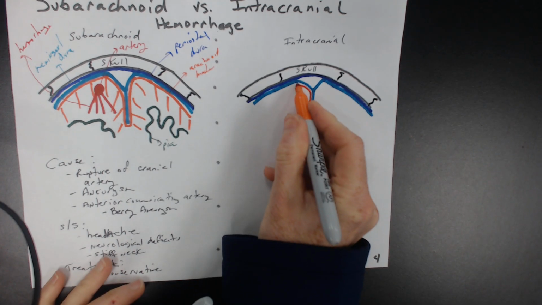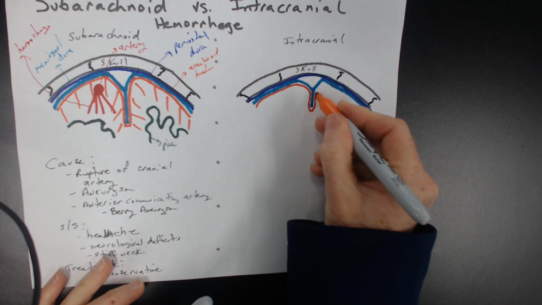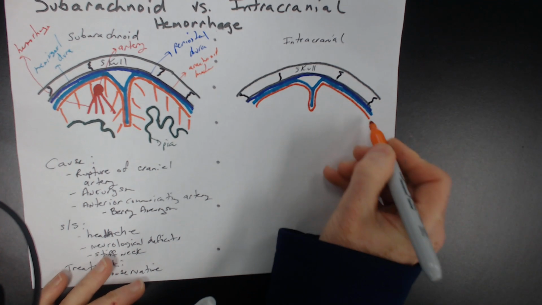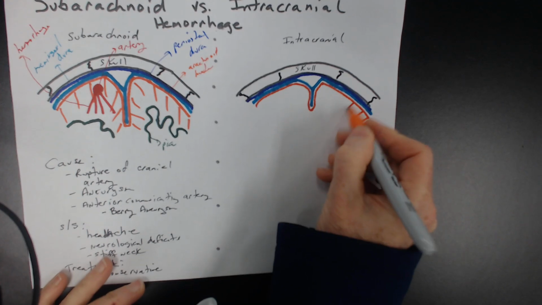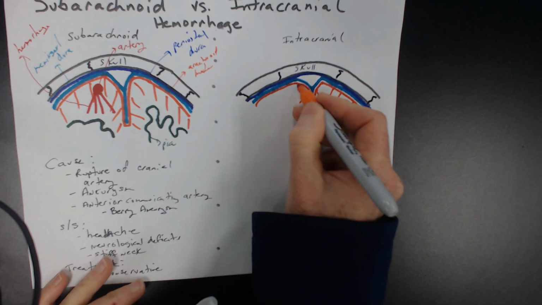Everything's good with the arachnoid mater. Arachnoid mater has these trabeculae coming down to maintain that subarachnoid space.